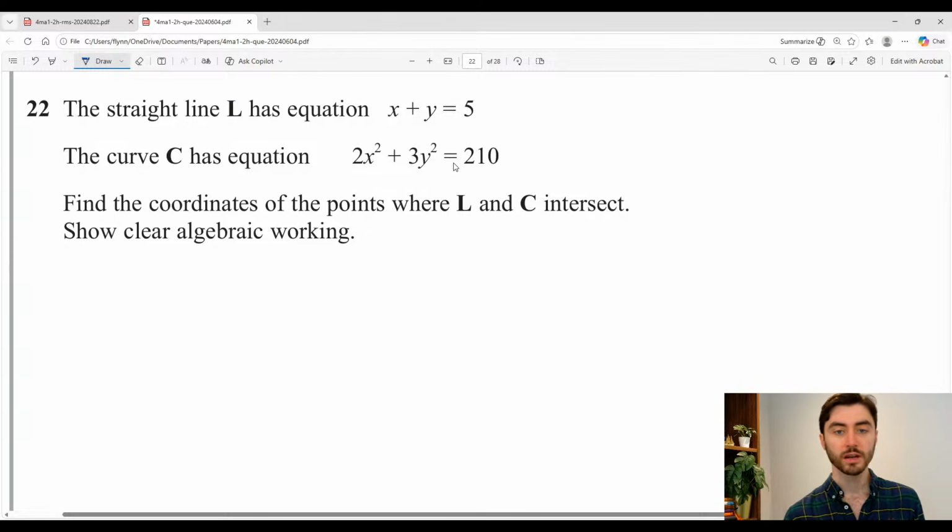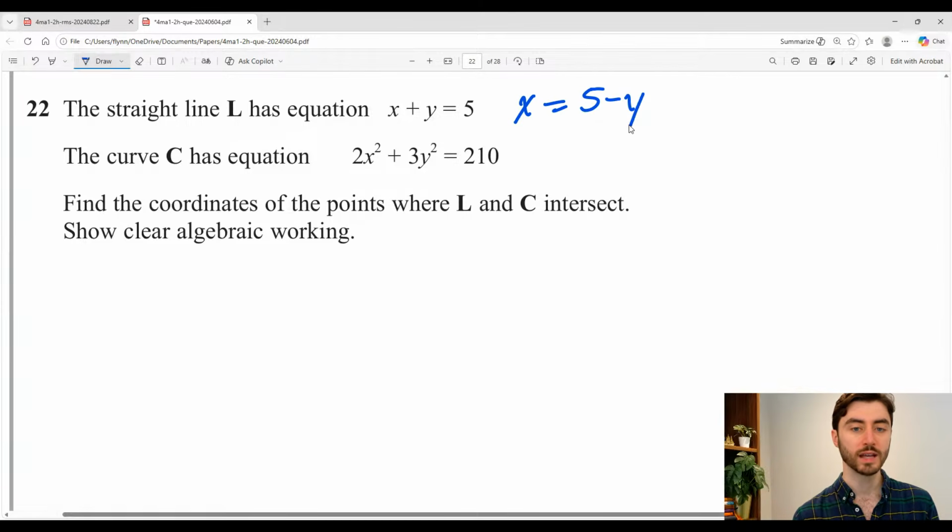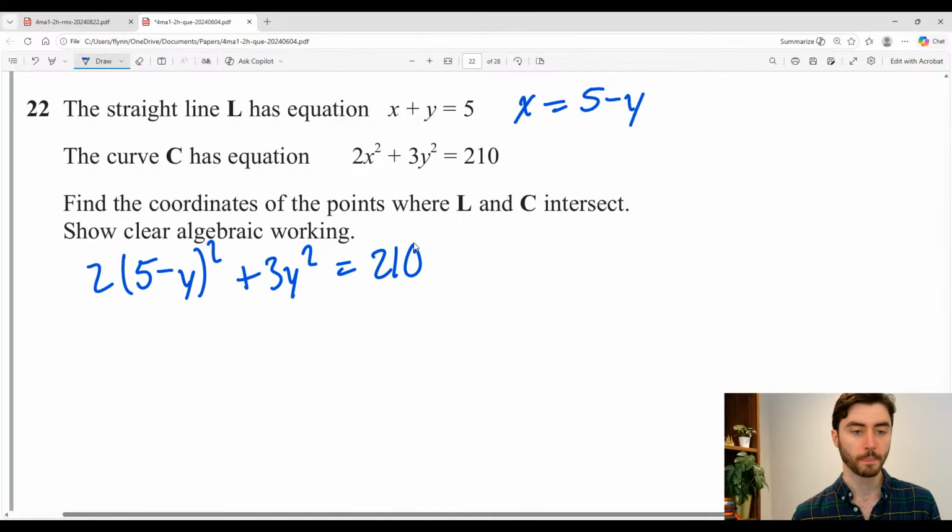What we do here is we take, let's take the x, because that will be easier to multiply by the 2. Let's rearrange this and say that x is equal to 5 minus y, and that will be substituted in. So we have 2 into x squared plus 3y squared equals 210.